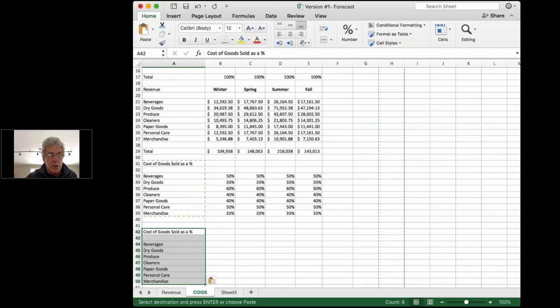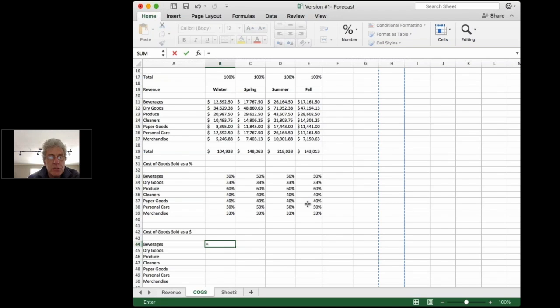Very cool. We're going to take this one that currently says percentage, and we're going to back that out, and we're going to change that to $1. And now we're going to do a formula. And we're going to say that this, to figure out what it cost us in beverages, is going to be equal to our revenue that we generated, the $12,500, multiplied by the percentage that we have associated with beverages.